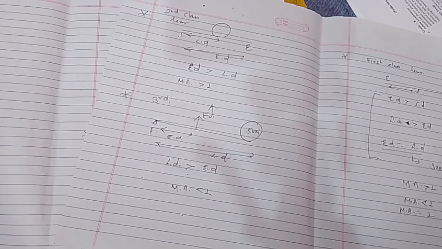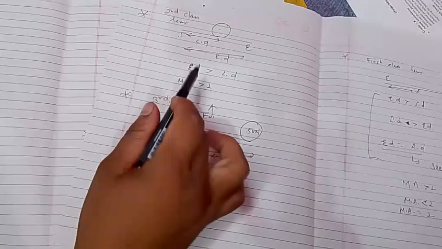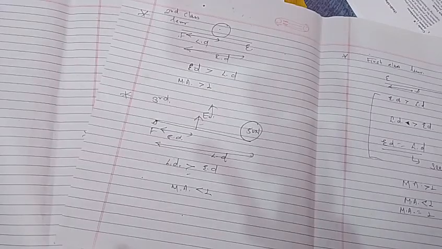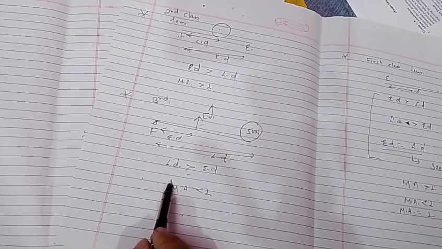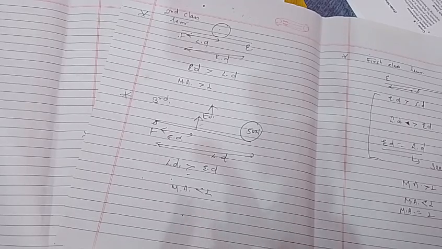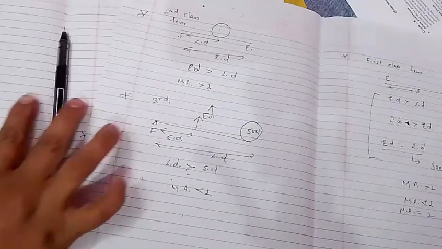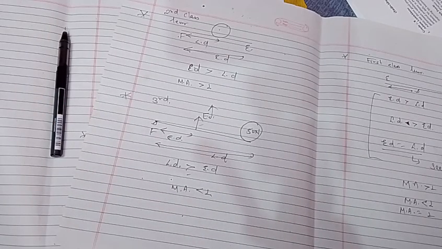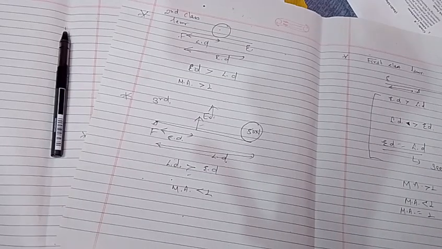In the coming video, I'll be showing you a practical based. These are all theoretical knowledge. We'll be studying the practical based. I'll be showing you the model of first class, second class and third class lever. This much for today. Along with this, we complete our topic simple machine. See you in the next class.